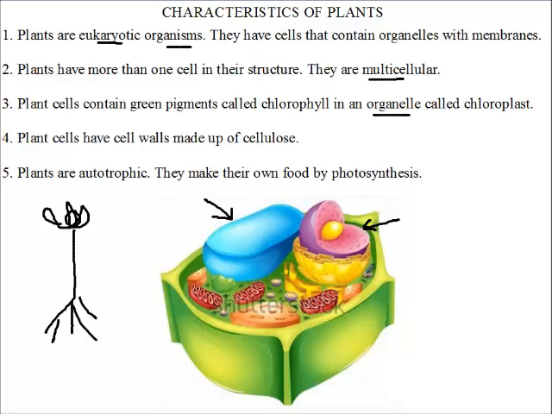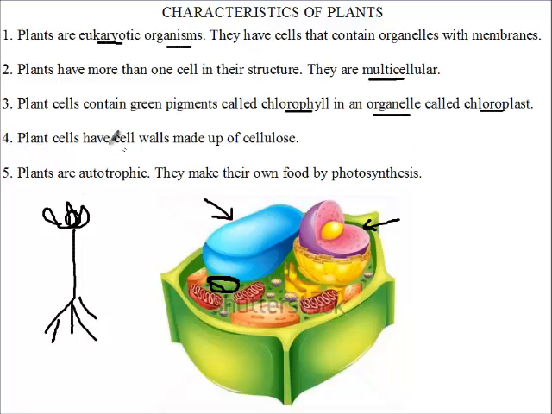We also have the cytoplasm and other structures in the cell. Now there is one that contains the green pigments. We see one here. It contains the green pigments. These green pigments are called chlorophyll, and that structure that contains the green pigment is called a chloroplast.